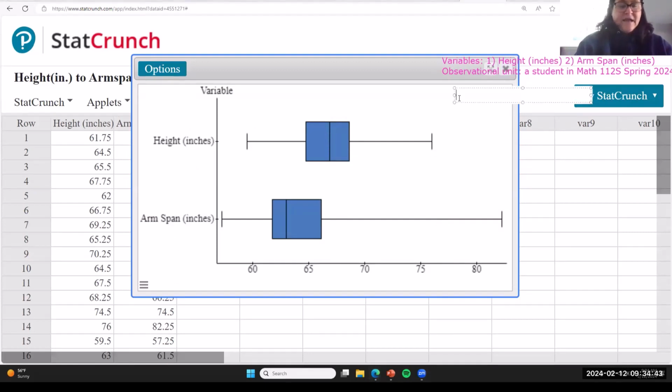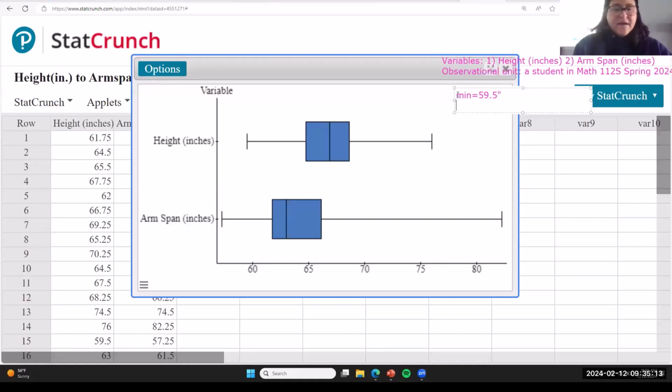Okay. So go ahead and read it to me. We've got just the 5-number summary. The minimum was how much? It was like 59.5. Oh, you're on mute, Brittany. Sorry. How about now? Yeah, that's good. That's okay. 59.5 for the minimum, and I'm just going to put inches there.